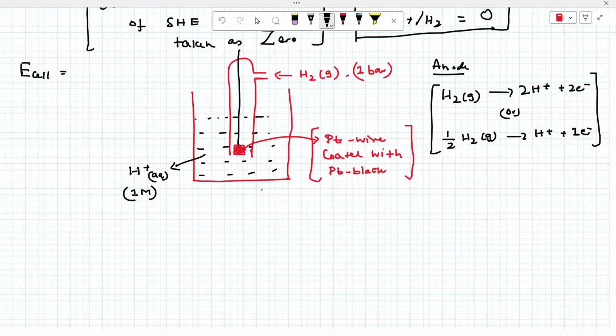Cell potential is an intensive property. What does that mean? The property does not depend upon mass. We call it intensive.